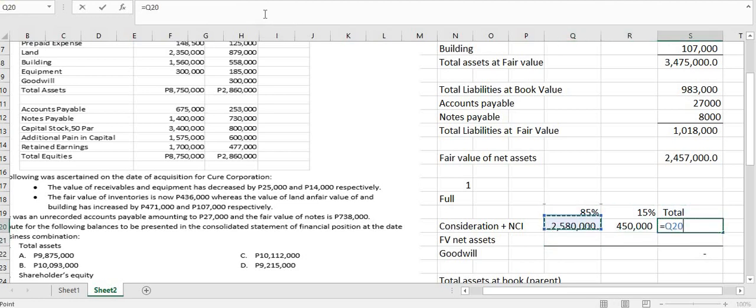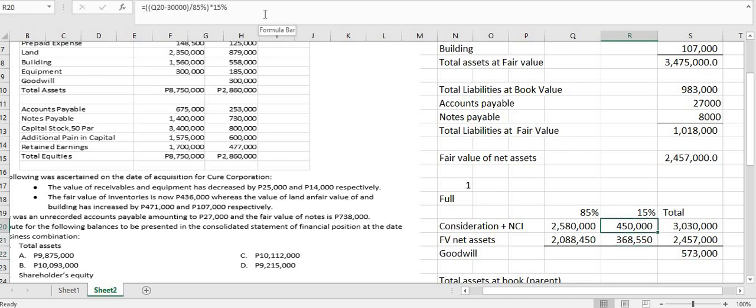Okay? So the total consideration plus the non-controlling interest is 3,030,000. The fair value of our net assets is 2,457,000. So we assess if the fair value of the NCI is greater than its share of the fair value of the net assets of the subsidiary.